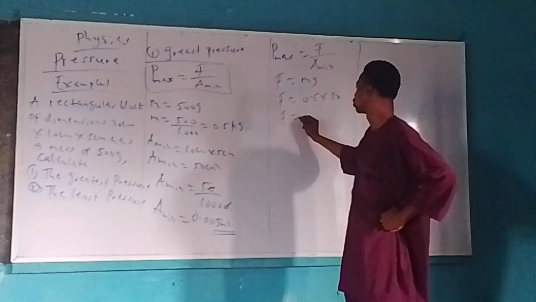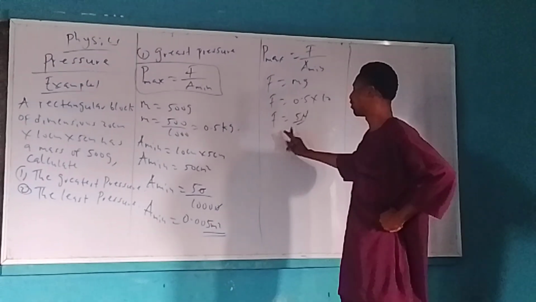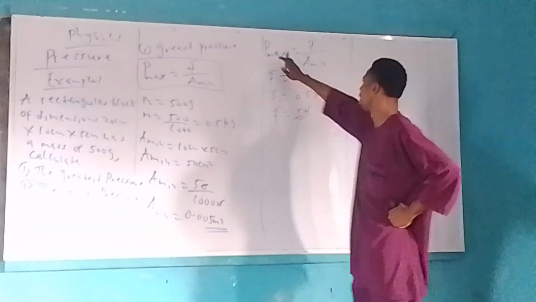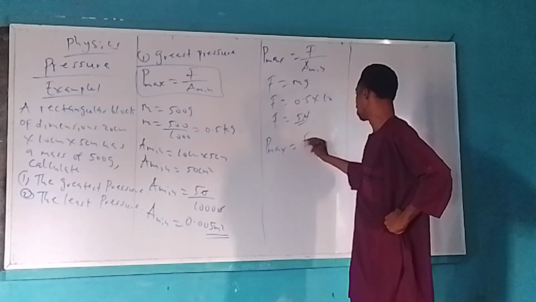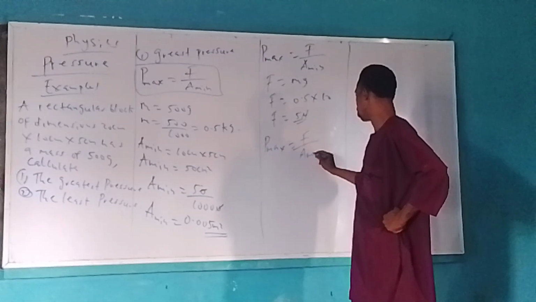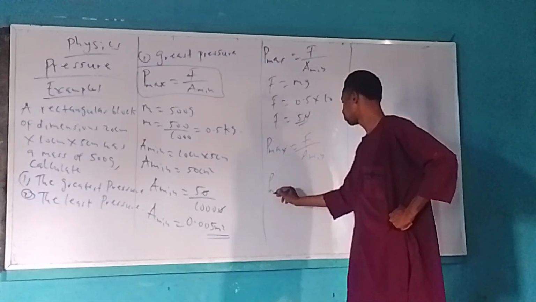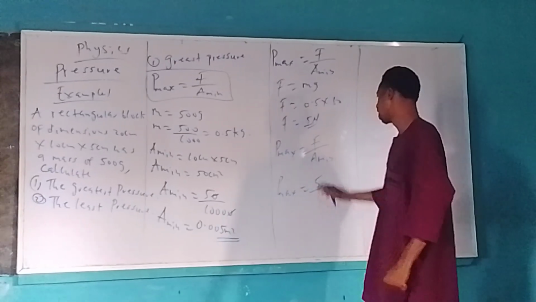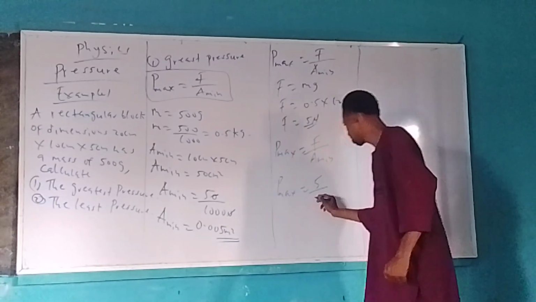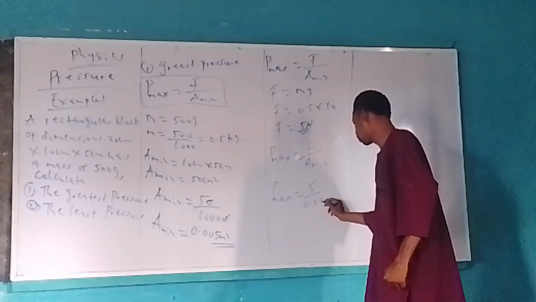So our force equals 5 Newton. So now go to our formula that P max equals F over A minimum. So P max equals our force, 5, divided by our A minimum, which is 0.005.